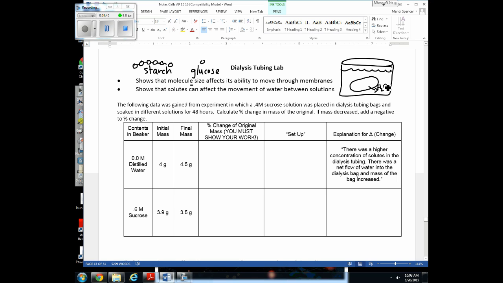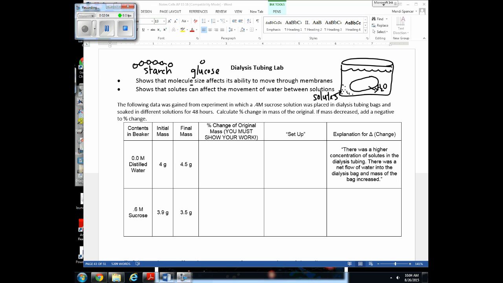And water would move out if you created a solution where there was a higher concentration of solutes on the outside compared to the inside. So just depending on the solutions that you created and where you placed them, either into the bag or into the beaker, some of you are going to get the mass of your bag increasing as water moves into the bag, and some of you are going to get the mass of the bag decreasing if water is pulled out.